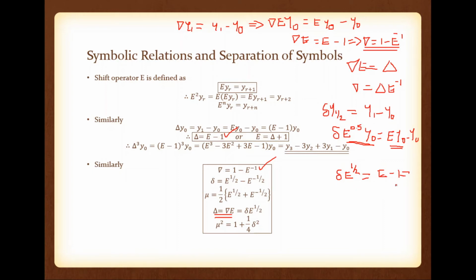Delta. So please note, theta e raised to 1 by 2 equals delta, also equal to del e. So that is written here: delta is equal to del e equal to theta e raised to 1 by 2.